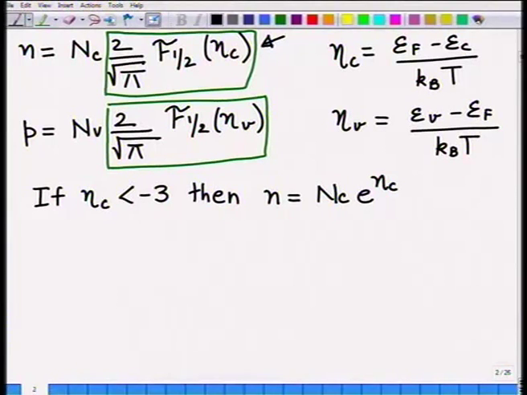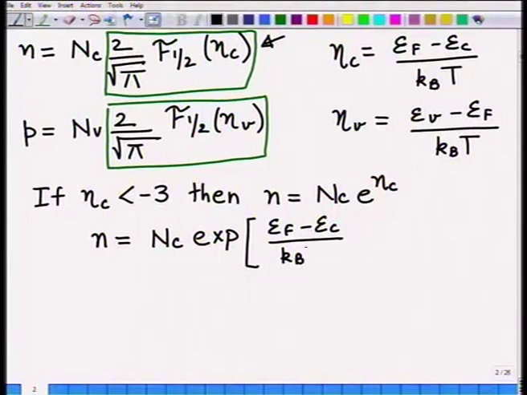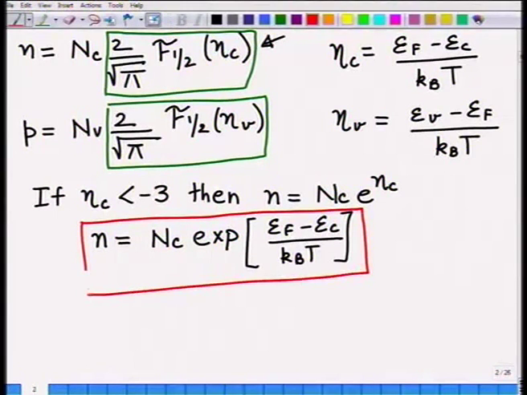And since we know what eta_c is, I can write n equal to N_c times e to the power (E_F minus E_c) divided by k_B T. So, here is the value of n that we can derive, under the assumption that eta_c is less than minus 3.